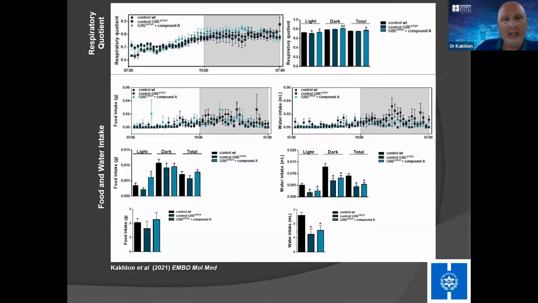And when we looked at the respiratory quotient of the animals, we saw that when we treated them with GHF201, the respiratory quotient increased, which means that as a whole, the animals metabolize more carbohydrate at the expense of fats and protein, mainly fats, because this is the main alternative fuel to carbohydrates.